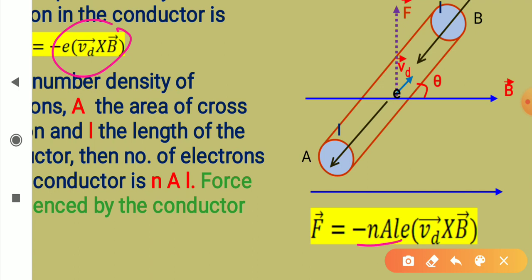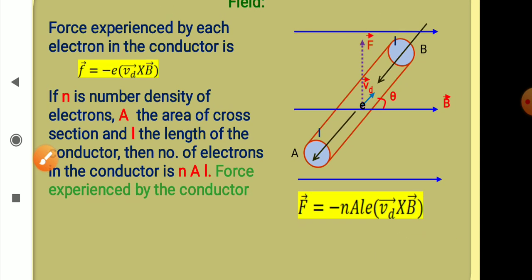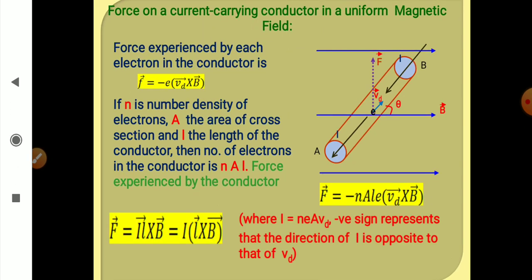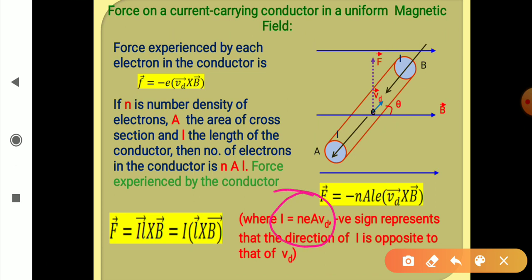And you know that neAVd is given by the current. The relation between current and drift velocity is known to you, and then the relation modifies to this form. See, I is equal to neAVd, and this minus sign is adjusted here. We can see that direction of current and direction of Vd, drift velocity, they are in opposite directions.